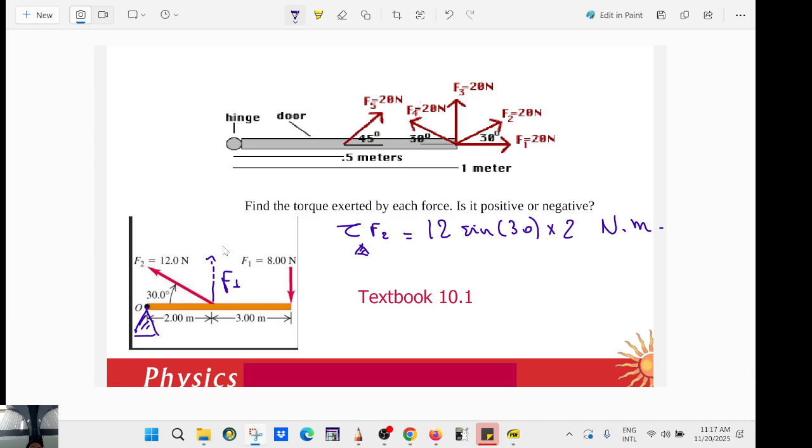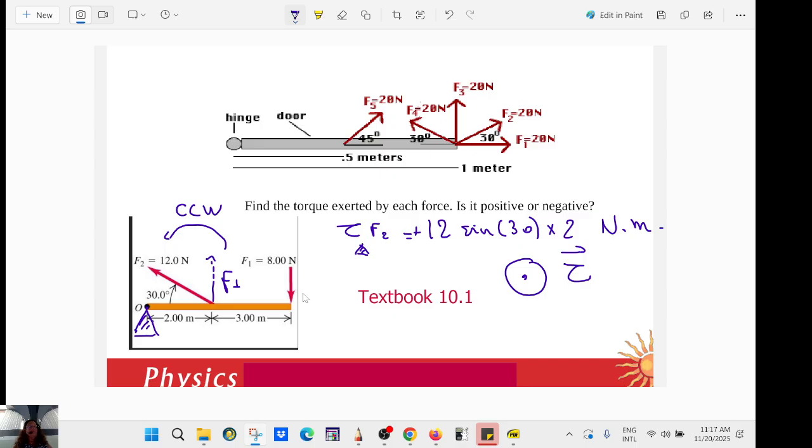This force wants to make it rotate in this direction, so that will be counterclockwise. So it's going to be positive. Then you take your hand this way, the thumb is towards you. So the vector torque will be towards you. It's a vector. This is just a magnitude.